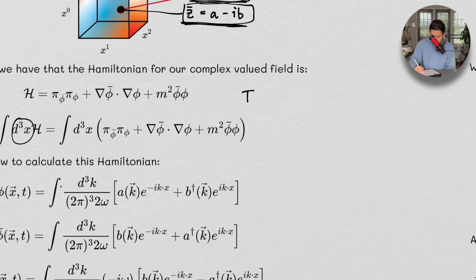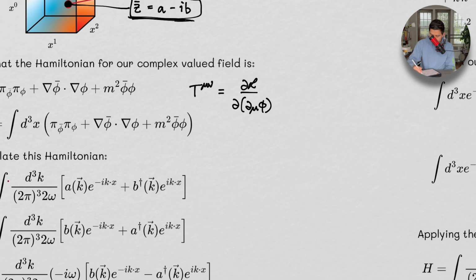So T mu nu was equal to the change in our Lagrangian, d mu of our field, times d nu of our field, minus Kronecker delta mu nu times our Lagrangian.